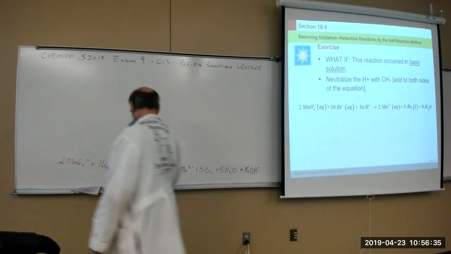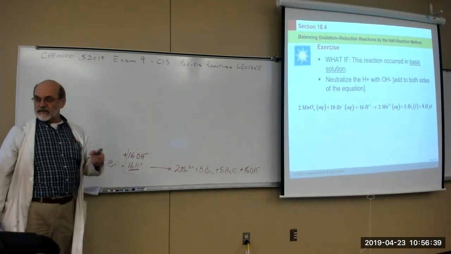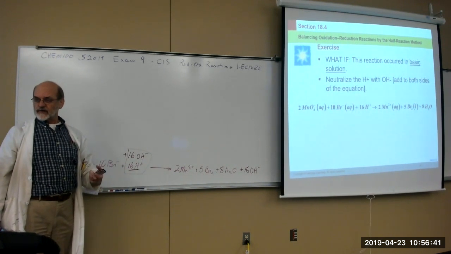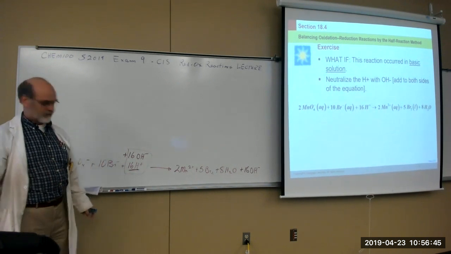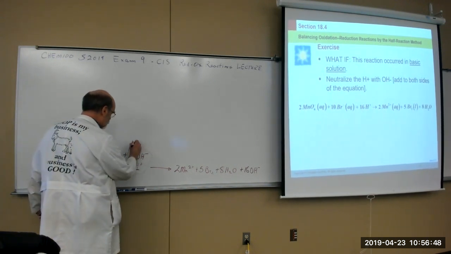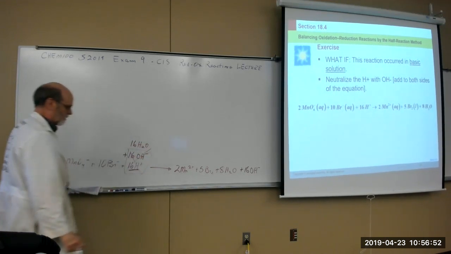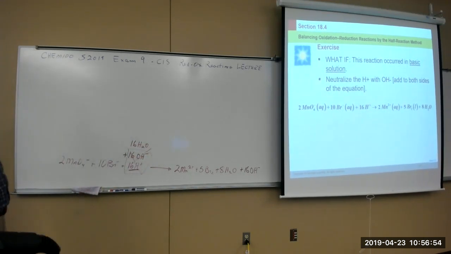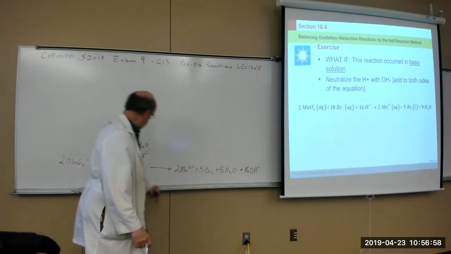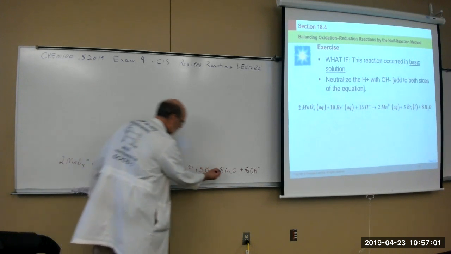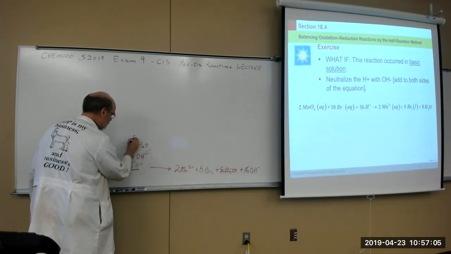All right? So what do these hydroxyls become? Remember, the net ionic equation for an acid-base reaction is protons plus hydroxyls yields water. So this makes 16 waters. Okay? Now you cancel waters because you've got 8 waters over here, 16 over here. These are gone, and these become 8.